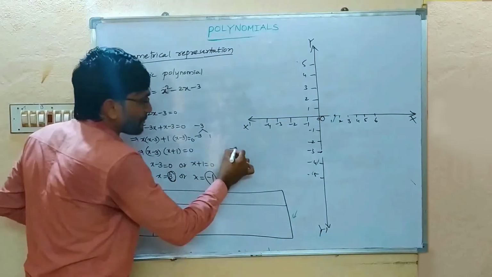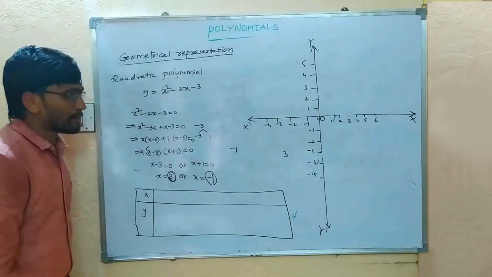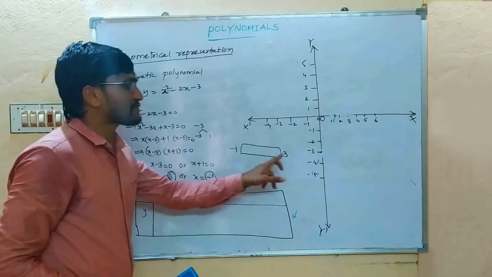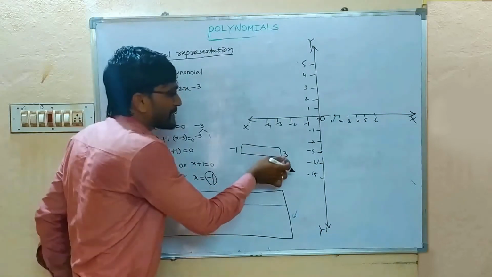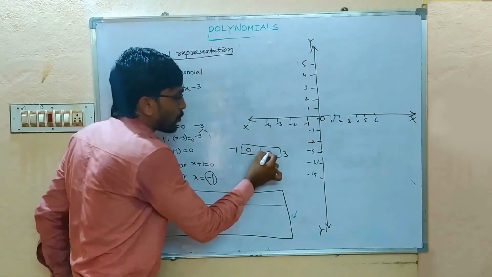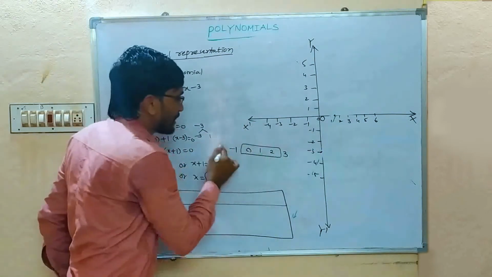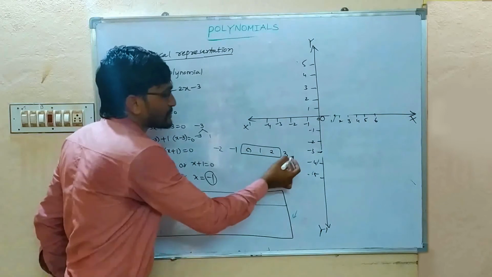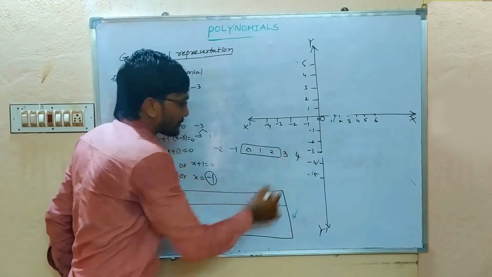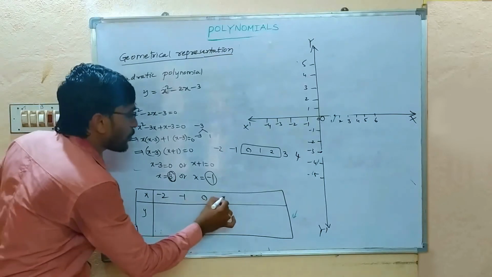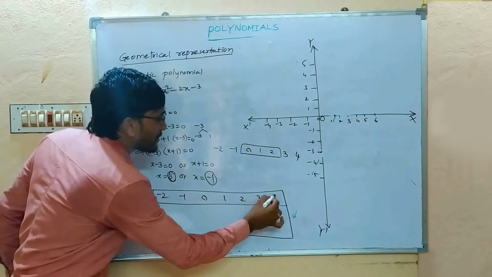Write in ascending order, minus 1 and 3. Then write all the integers in between minus 1 and 3. What are the integers between minus 1 and 3? 0, 1, 2. And take one integer before minus 1 and one after 3. Before minus 1 the integer is minus 2, and after 3 it is 4. So we have minus 2, minus 1, 0, 1, 2, 3, 4.